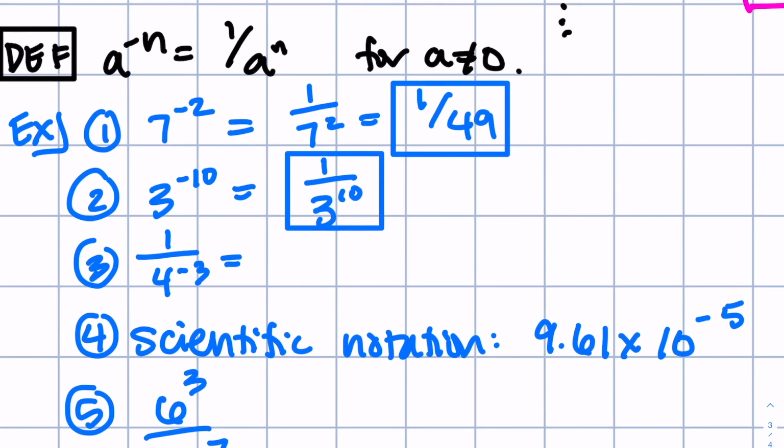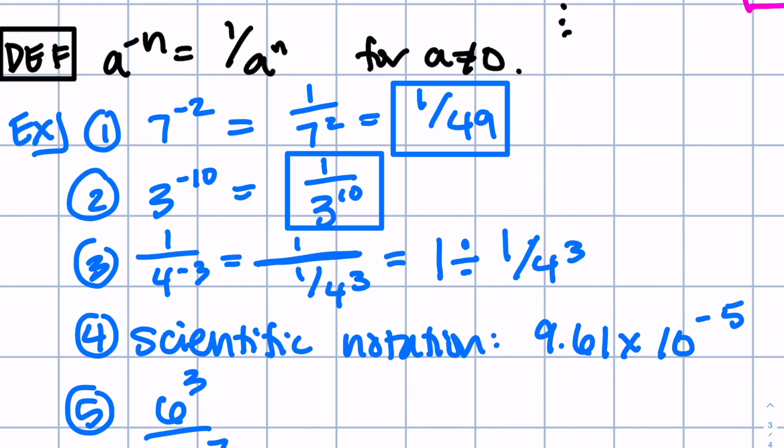Okay, 1 over 4 to the -3 then is equal to 1 over 4 cubed, right? And so to understand what this looks like, we're dividing by a fraction, right? And we know how to deal with that. So let's rewrite what's happening. We're taking 1 and we're dividing it by this fraction 1 over 4 cubed.